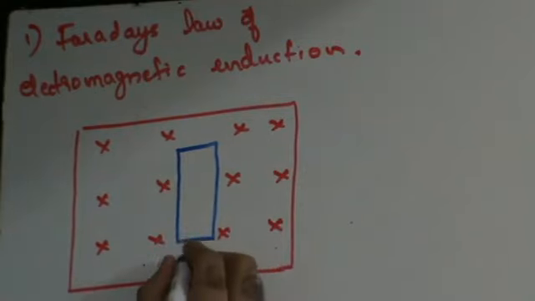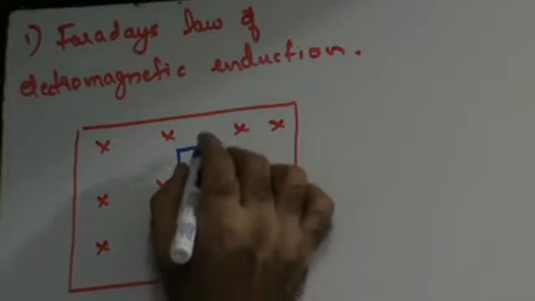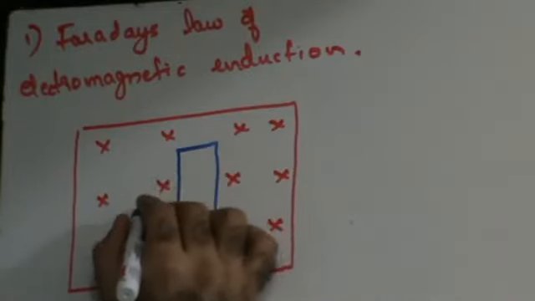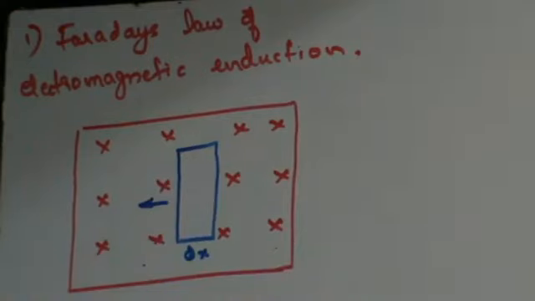Let's assume that the length of the conductor is dx and it's being moved outwards with the velocity of v. Let's write this much down first.